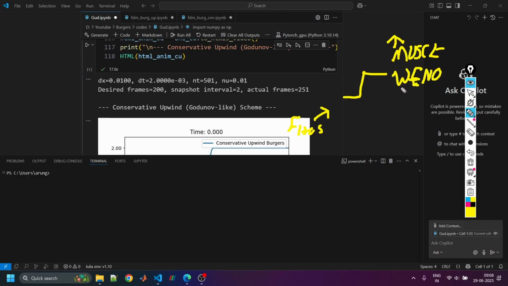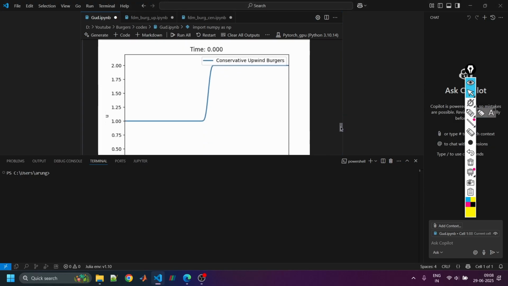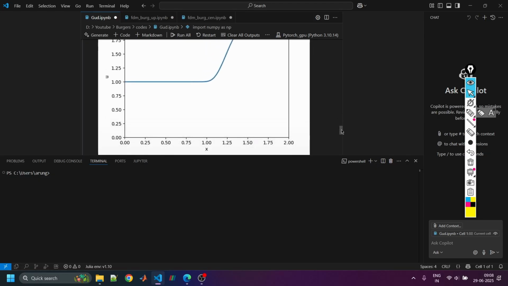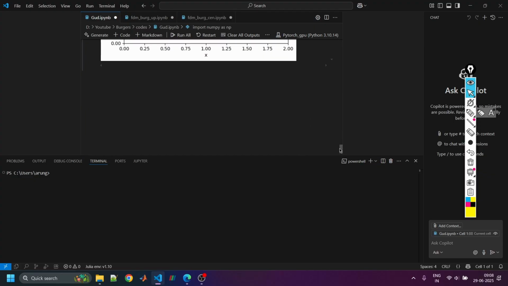When we use WENO or MUSCL, we may get better shock resolution compared to these first order schemes. Those schemes we call higher order schemes. So this is what we got. Anyway, here also the solution is very dissipated.